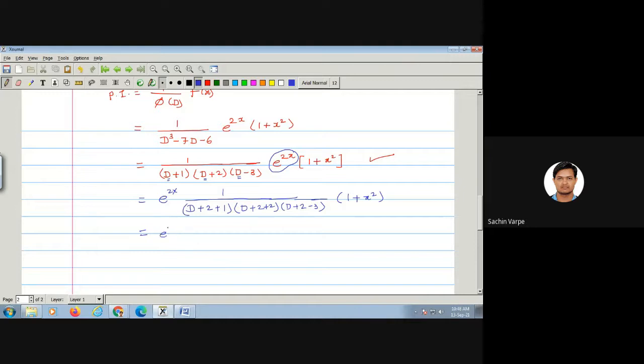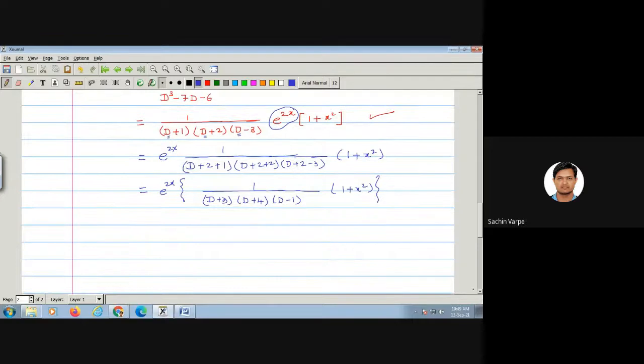Now simplify. Keep e to the power 2x outside and don't involve the exponential inside now. So that is D plus 3, D plus 4 into D minus 1, operating on 1 plus x square. Now you will have to multiply these three factors.